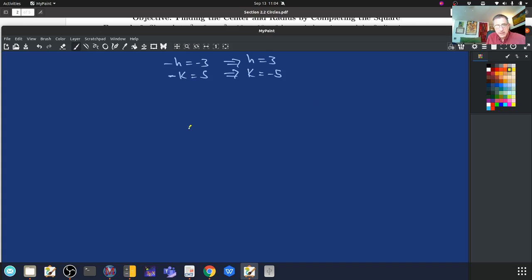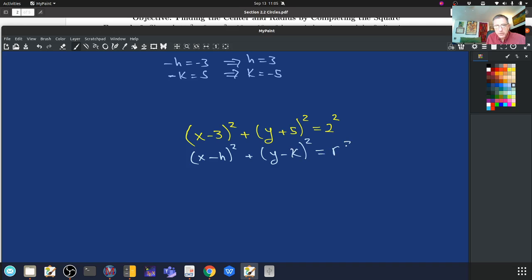We had (x minus 3) squared, because this is pattern matching, plus (y plus 5) squared is equal to 2 squared. And I want to pattern match that to (x minus h) squared plus (y minus k) squared is equal to r squared.